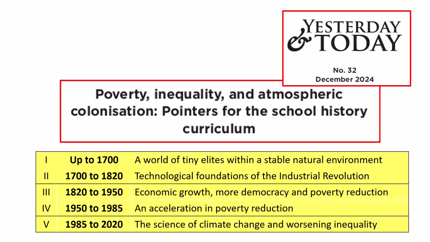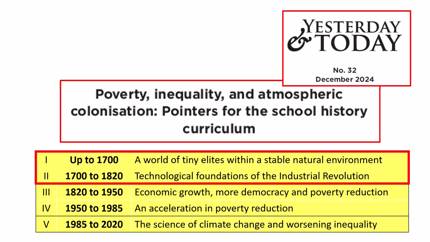I've broken the content down into 5 periods. In the current video, there's up to 1700, basically the pre-industrial era, and then 1700 to 1820 on the beginnings of industrialization.